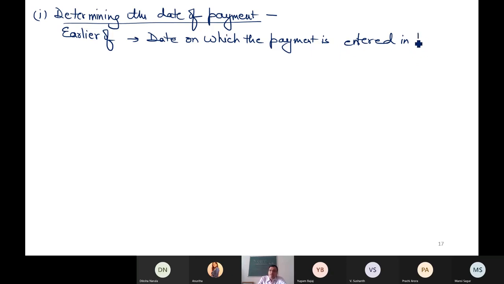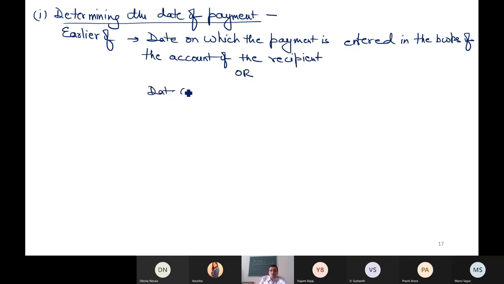Or the date on which the payment is debited, because now as a recipient I have to make the payment.